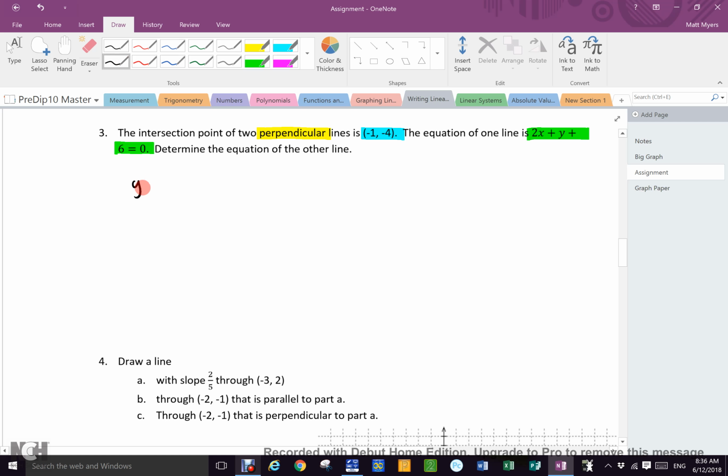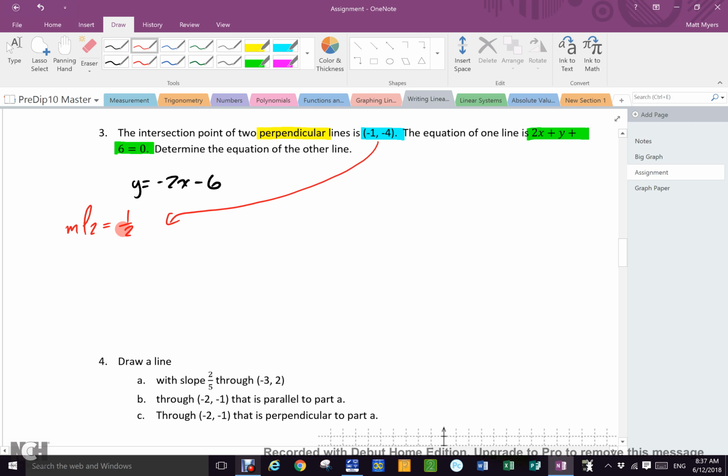Okay, so y equals negative 2x minus 6, yes? That's line 1. But I need a perpendicular line to that. So line 2 has what slope? Positive 1/2. What else do I know about line 2? It goes through that point.